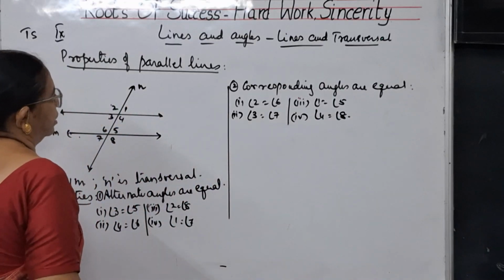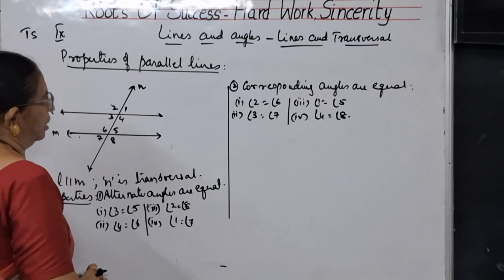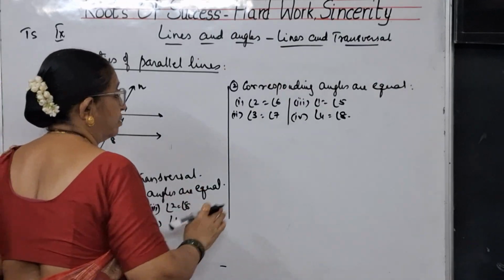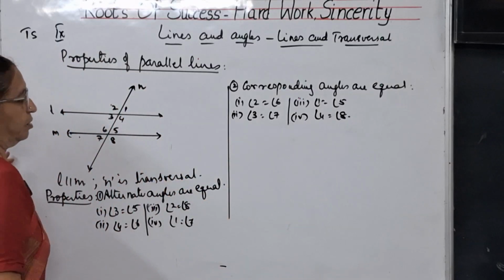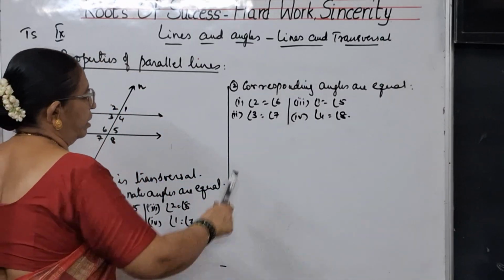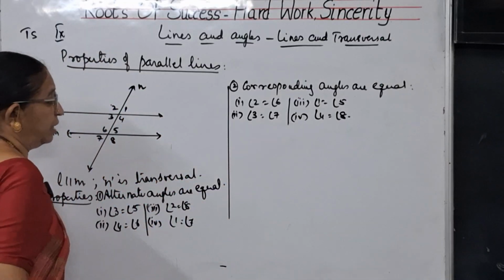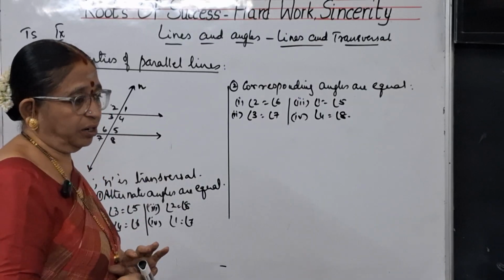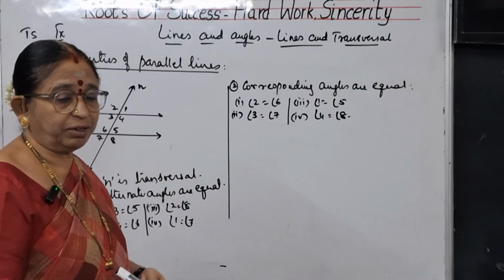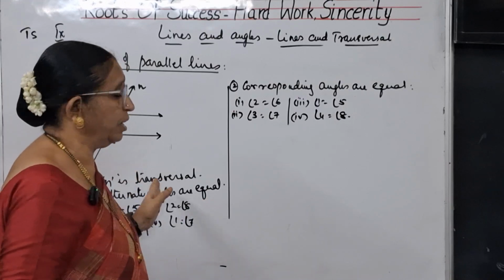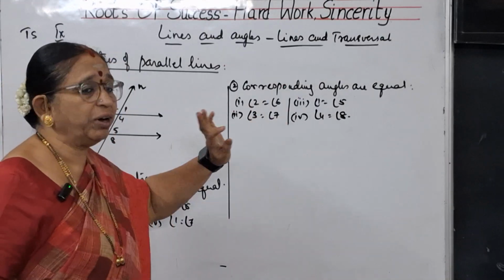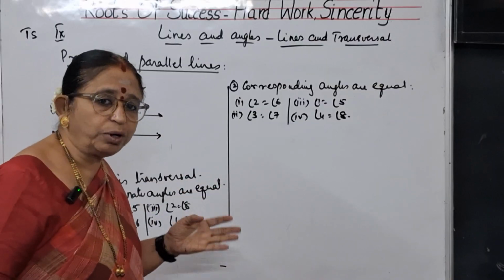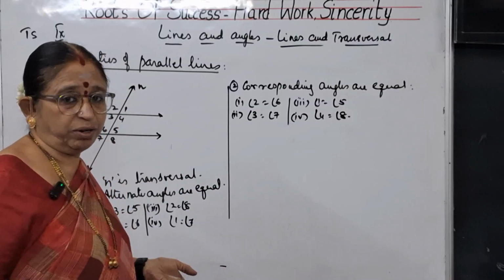These are all corresponding angles that I have written as equal because this is the property of parallel lines. If the lines are not parallel, this kind of equality does not exist. That is why, in the earlier topic, I did not mention equality. I only mentioned the names because you should know what they are called.